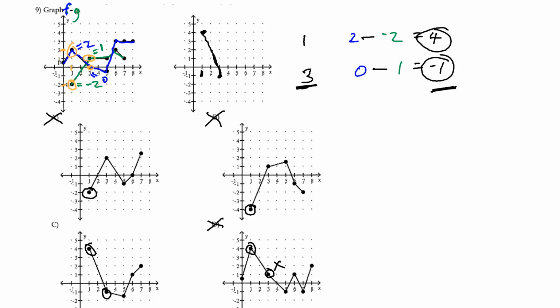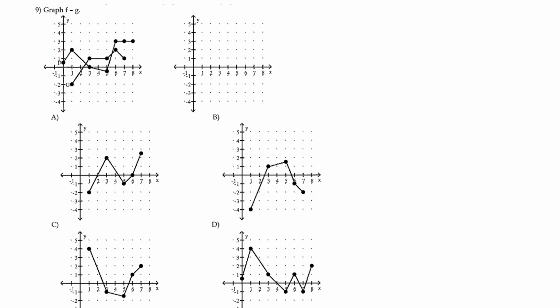Another reason why we know that D is not correct is because, remember, addition only or subtraction only makes sense if you have two numbers. And if you notice, when we get to 0, so let's clear some of this out. When we get to 0 right here, notice that we have a value for f, but we don't have anything here for g.